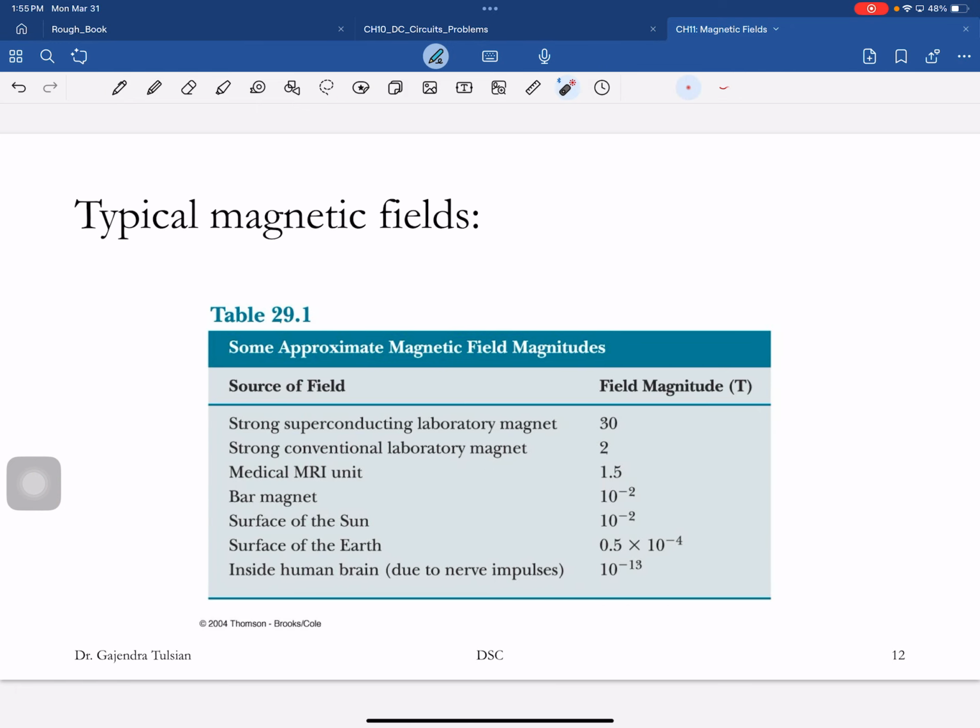Here are the fields. A strong lab magnet is only about 30 Tesla. If some of you went to the microkelvin lab at UF, you saw that they had 14 Tesla magnetic fields.